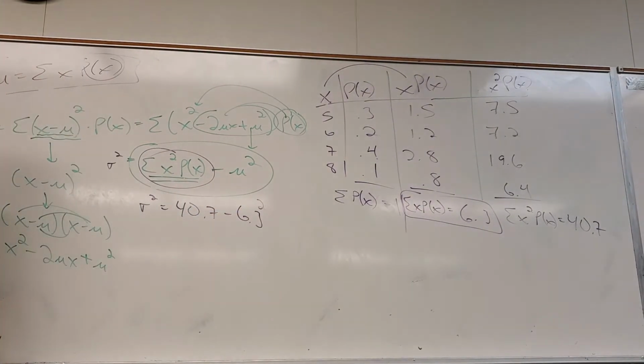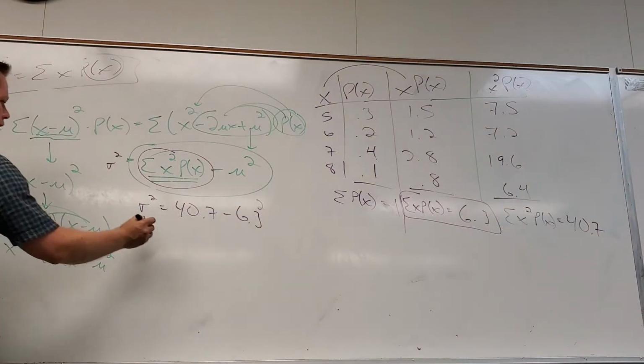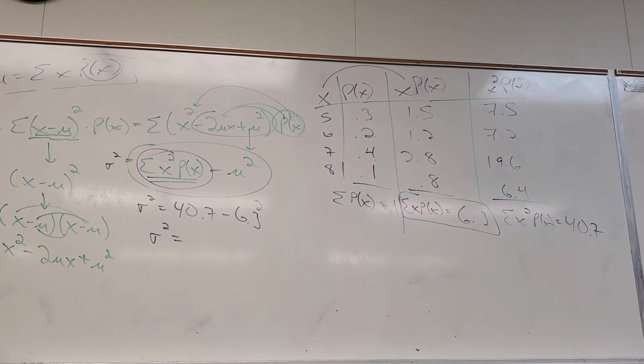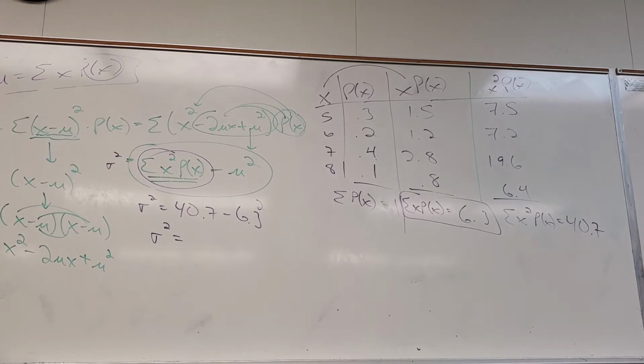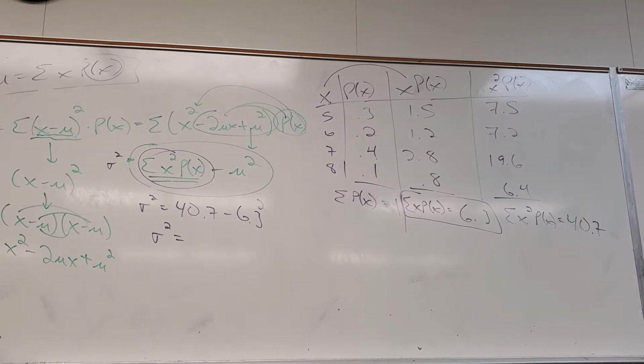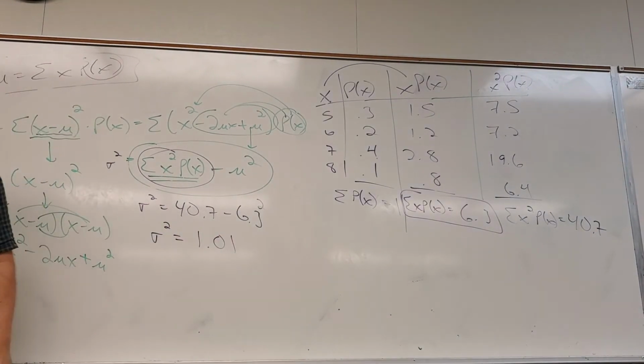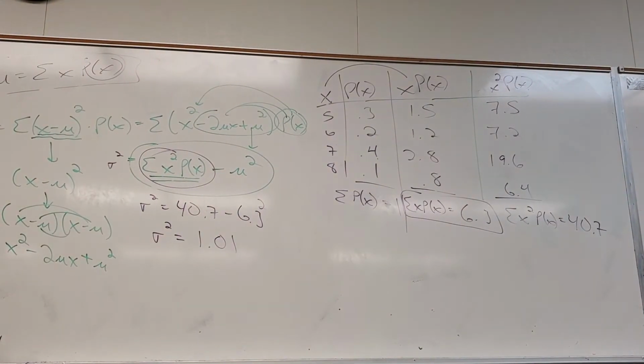Square it. So help me out. What do you get for the variance? What is it? 1.01? Is that what you guys got? Anybody else? Yeah.